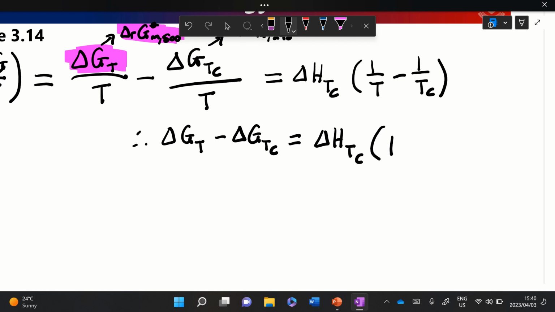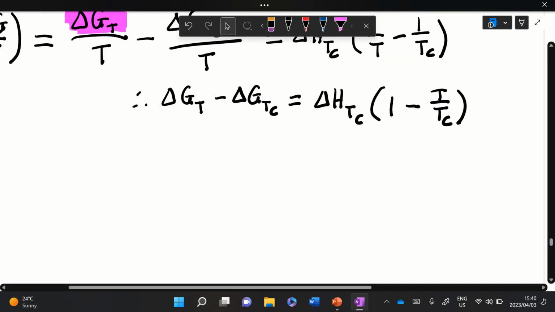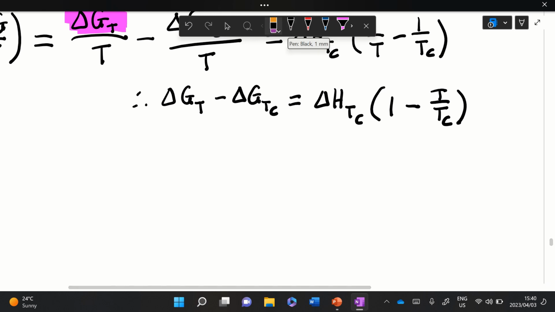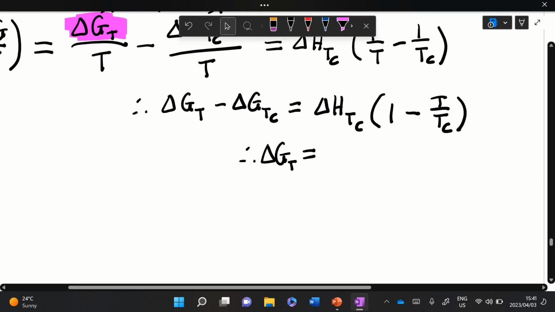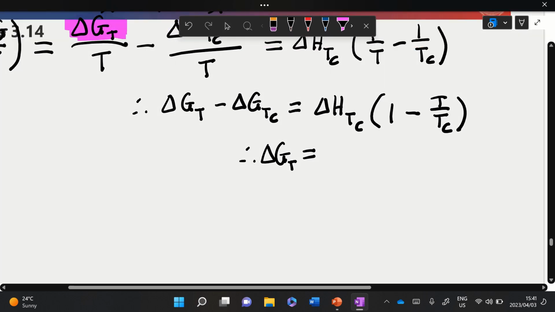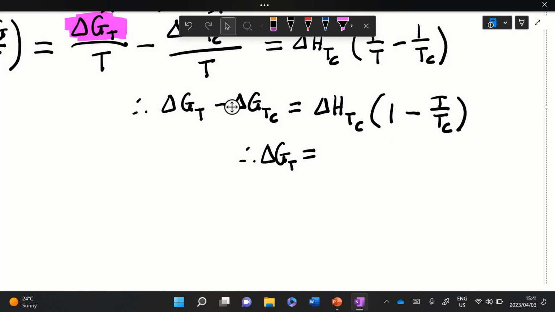1 T over T is equal to 1 minus T over Tc. Take over our delta G Tc there. I just realized I made a little boo-boo.